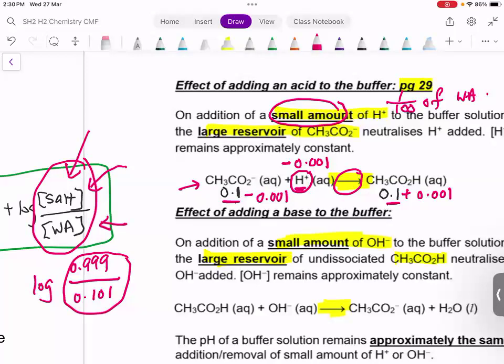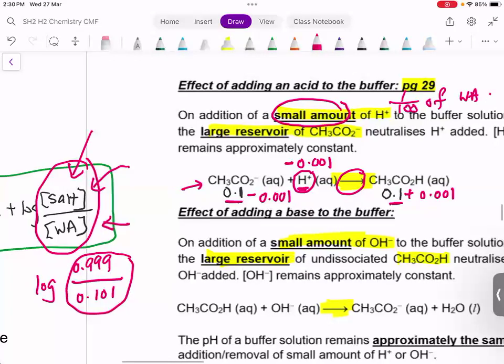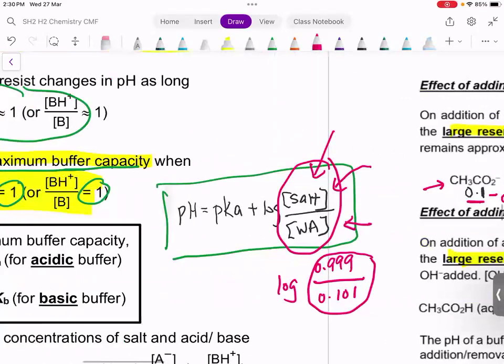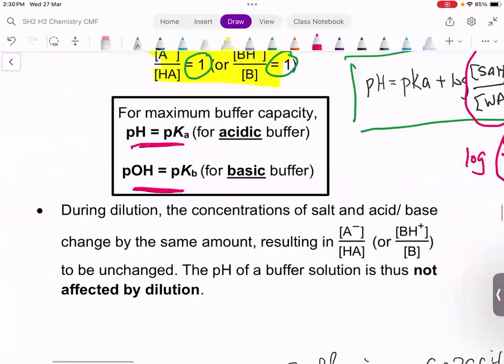That's what we meant. pH is approximately the same, but never constant, because this fraction changes as it removes the H plus or the OH minus that is added to the system. Okay? One of the tutorials addresses this part. That's why I'm showing you the calculation here. So with this, I end my lesson.